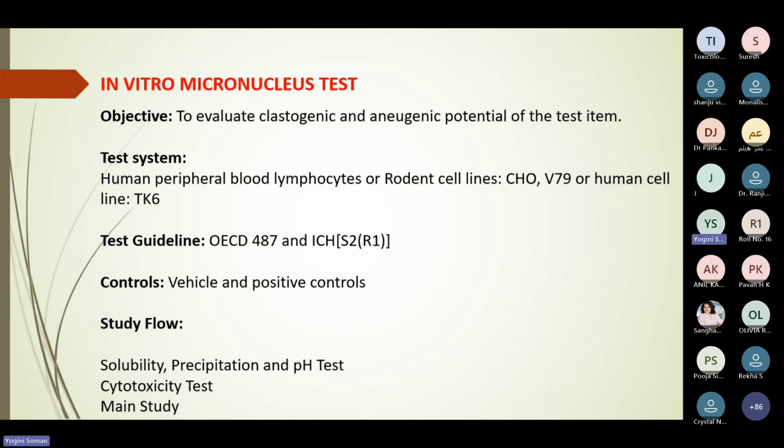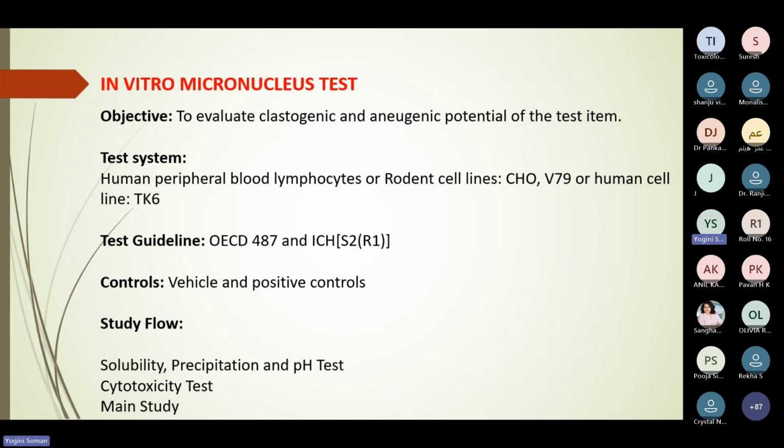After the solubility test, the second part is the precipitation and pH test. You have to prepare a range of concentrations here. For example, you have conducted the solubility test and the compound is soluble at 200 mg per ml.